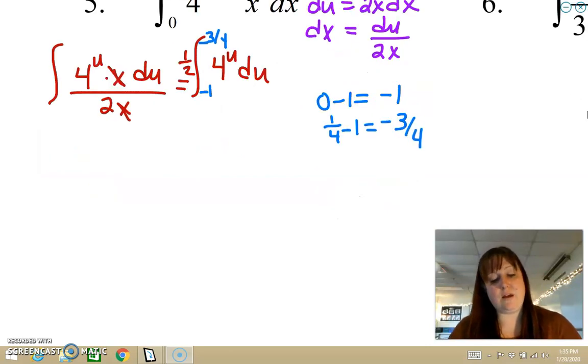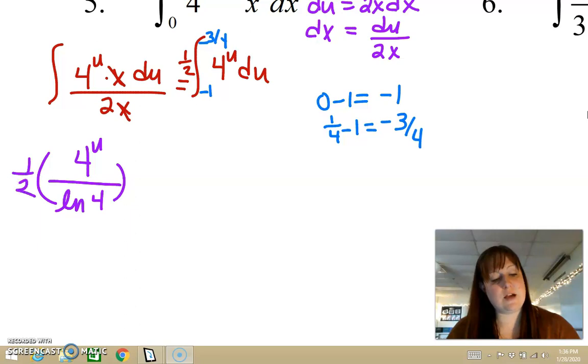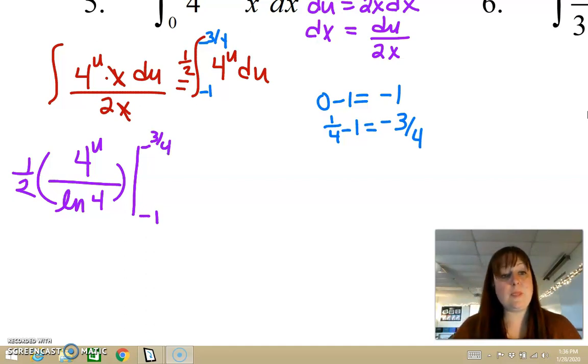So the integral of 4 to the u is 4 to the u divided by ln of 4. We still have the 1/2 multiplying on the outside. And we're going to evaluate this from negative 1 to negative 3/4. So you're like, I don't know how to do that. Well, it's actually not too bad.